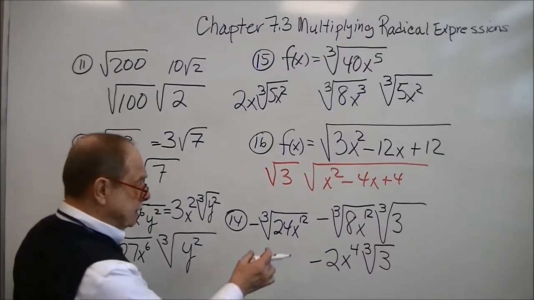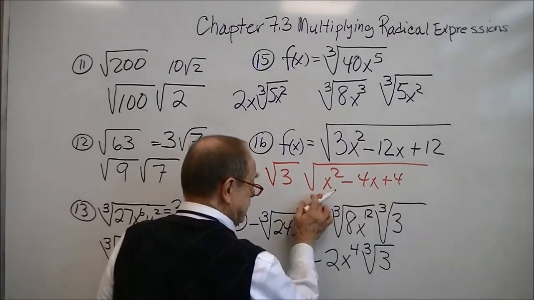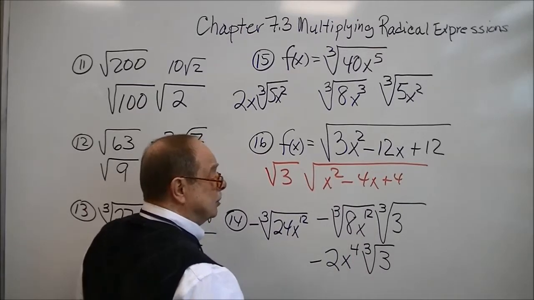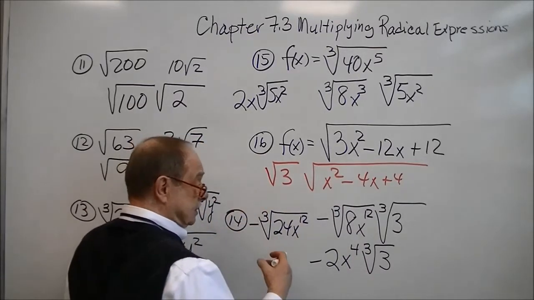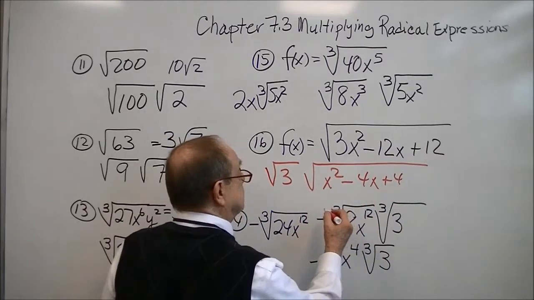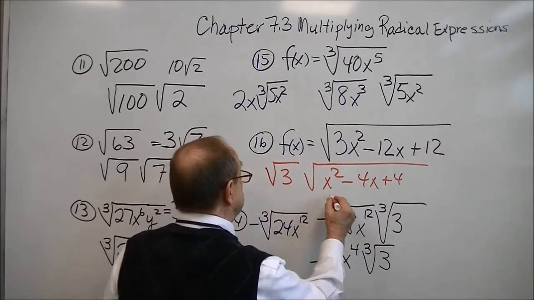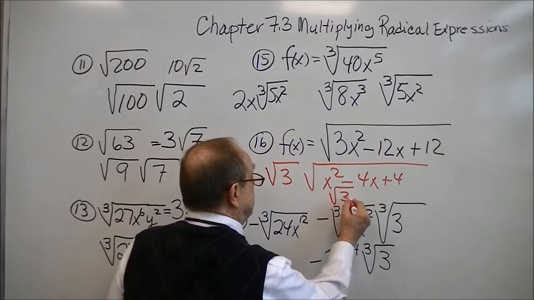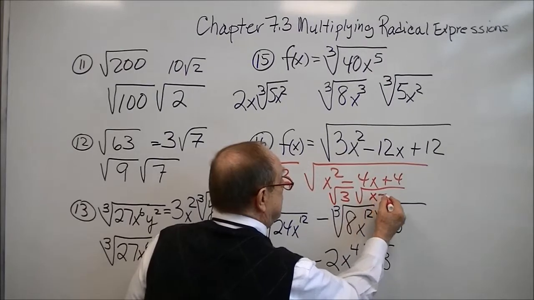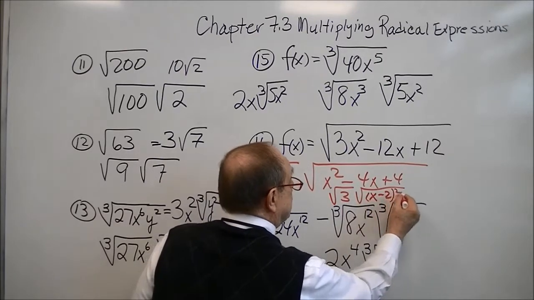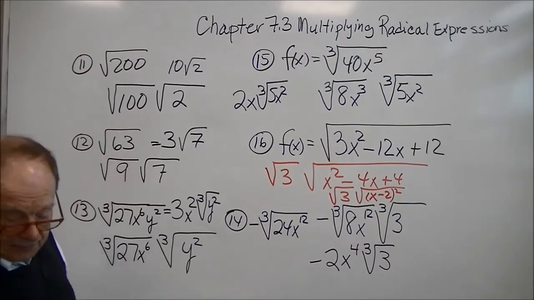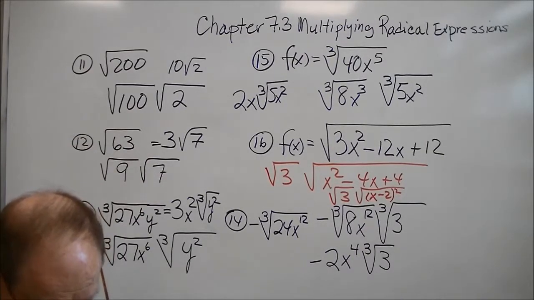Now, I don't know if you recognize this, but this is a perfect square trinomial back from chapter 5, which will then factor, and we have to write this all again, the square root of 3 times the square root of x minus 2, the quantity squared. Are you following that so far?